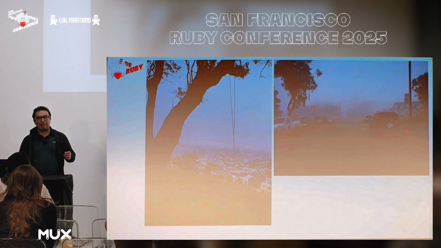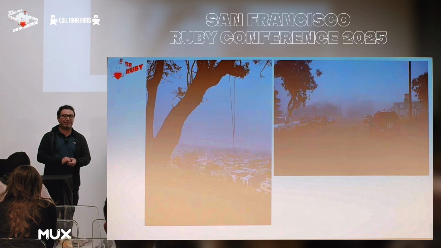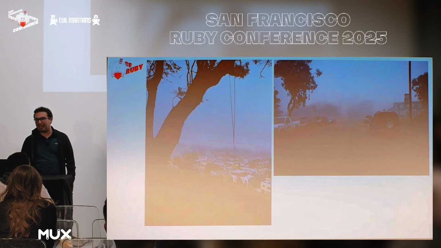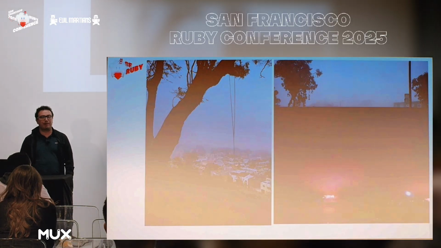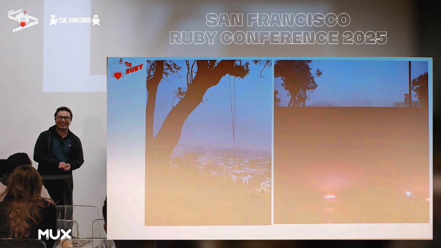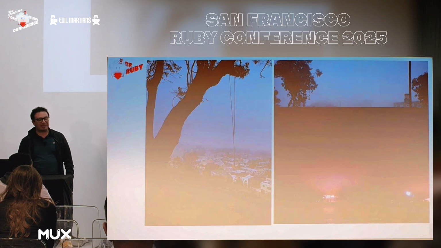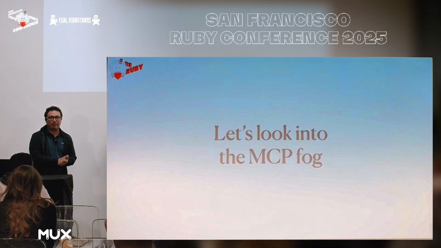And this is a view from my first summer in San Francisco. I was very surprised to experience that. And here's one of my favorite photos of the 4th of July. So, it's not really fireworks season. But all right, let's look into the MCP fog.